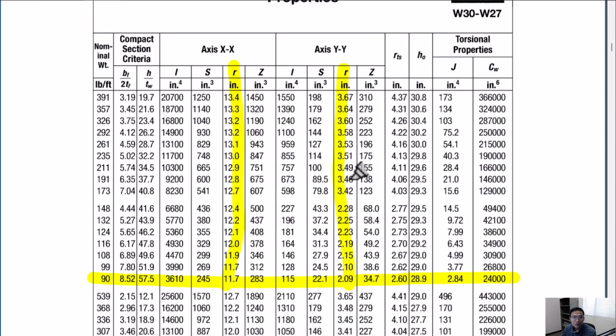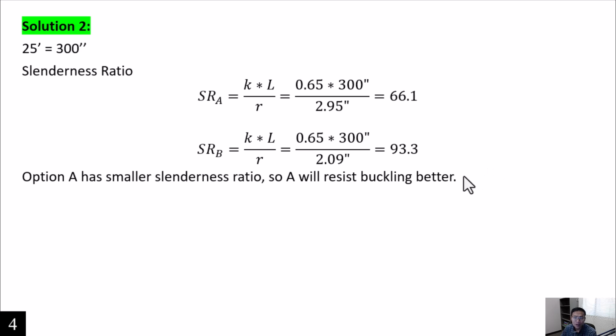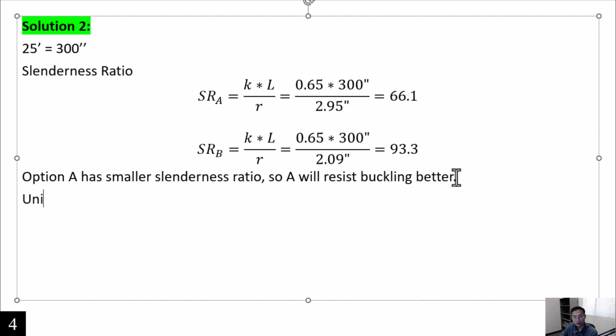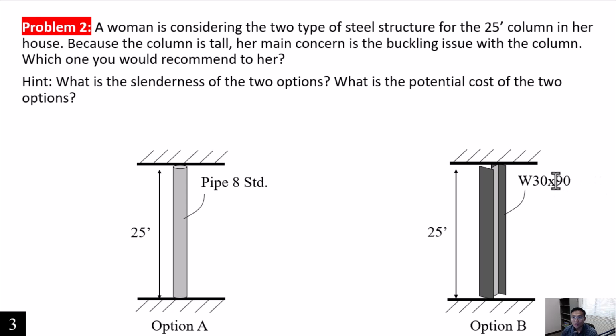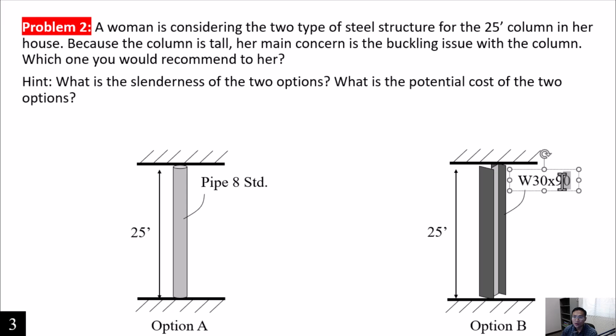So now we check A. You can go all the way down, and the nominal weight is 28.6 pounds per linear foot. So the unit weight of A is 28.6 pounds per linear foot. For the unit weight of B, like we discussed previously, the first number indicates the nominal height of the cross section and the second indicates the unit weight, so the unit weight of that one is 90.